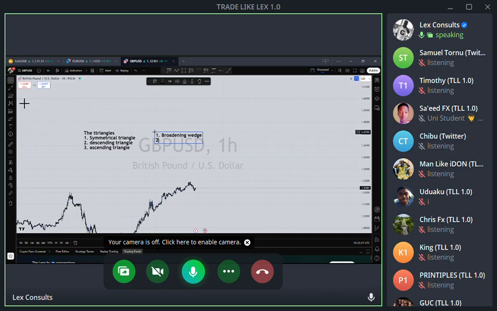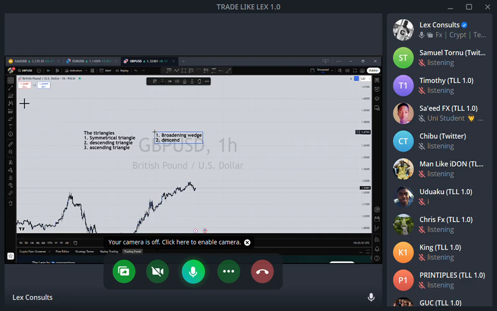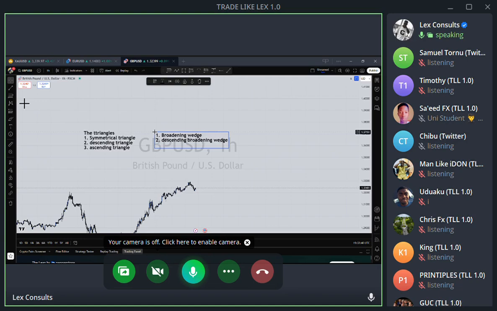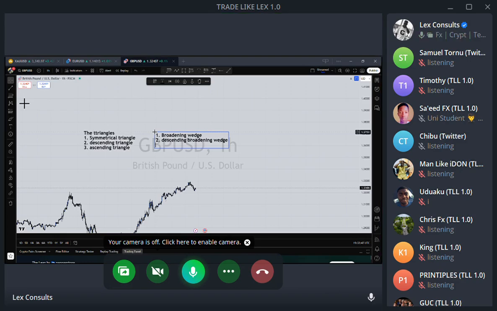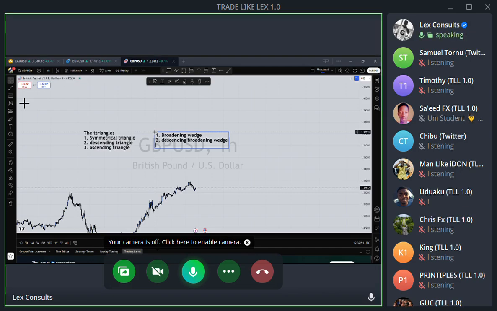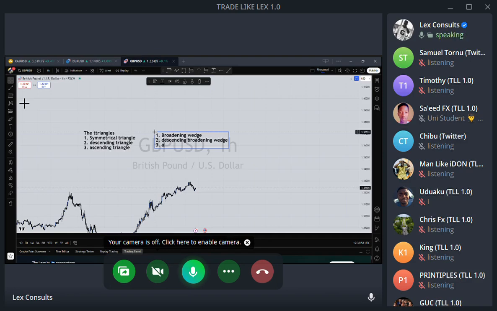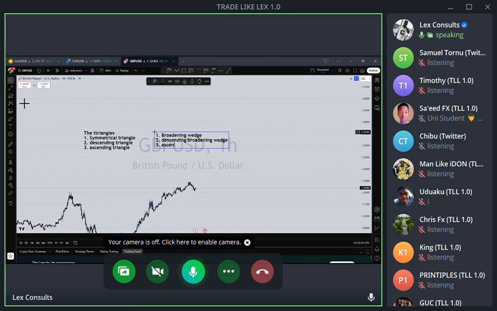So under the broadening wedge, we have the descending broadening wedge, and we have the ascending broadening wedge.